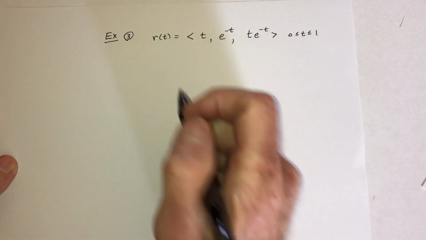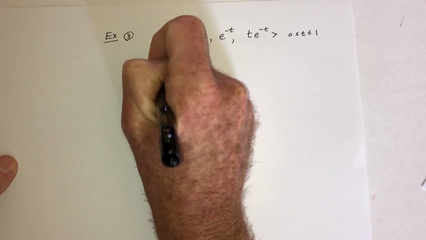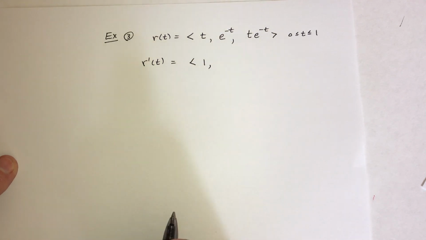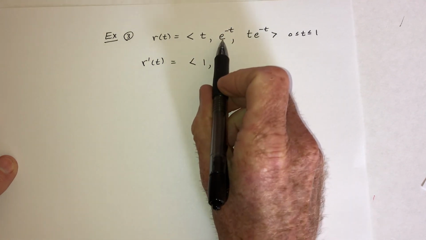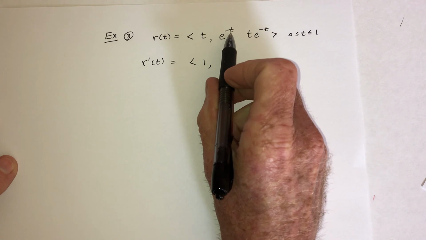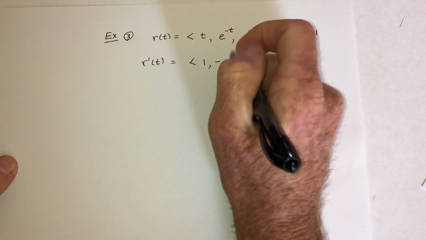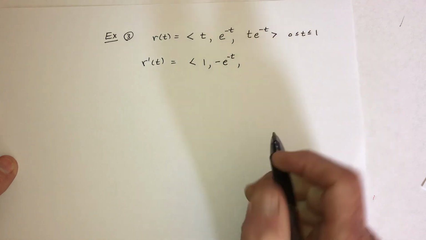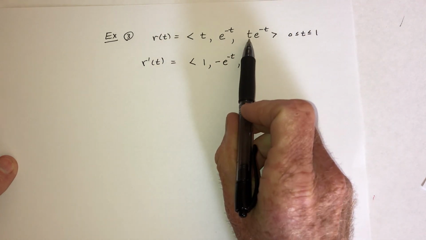All right, so we need the derivative. The derivative will be 1 for the first part. With this one, it's going to be e to the negative t, but then because of the chain rule, multiply by a negative 1. And then over here, I need to use the product rule.